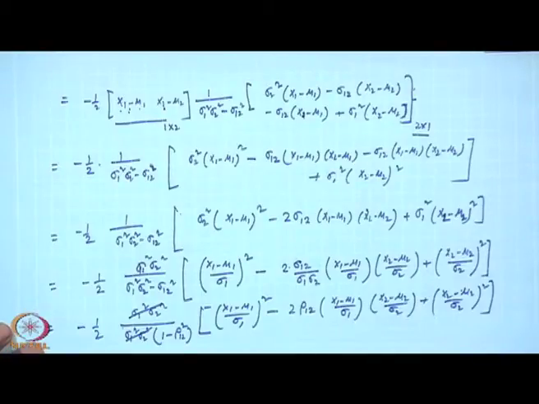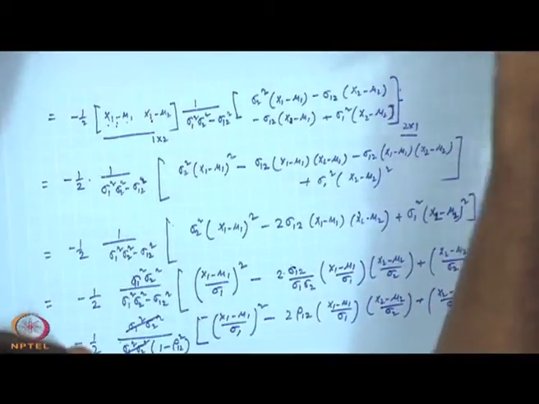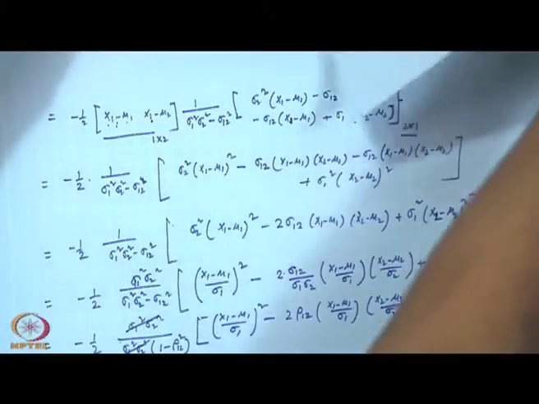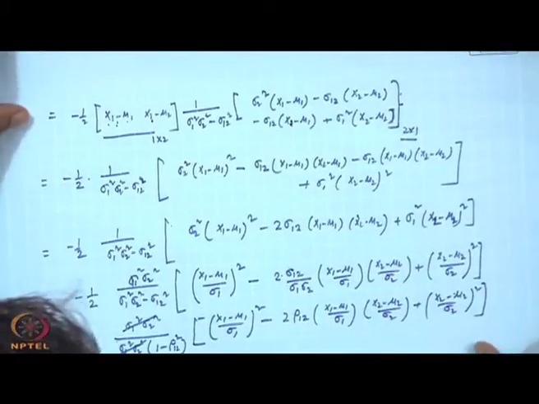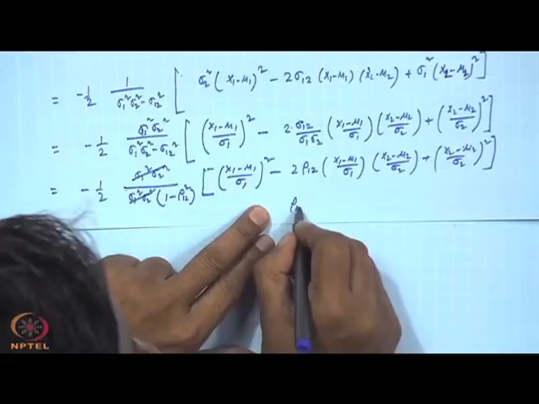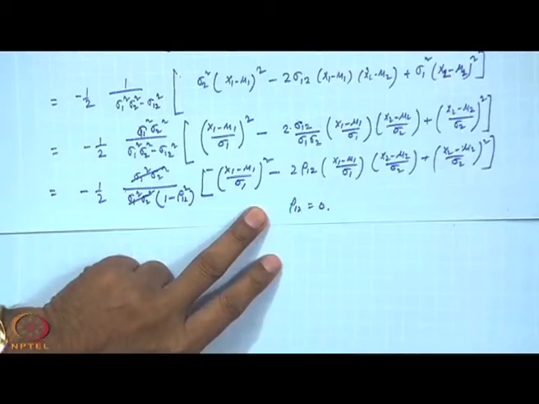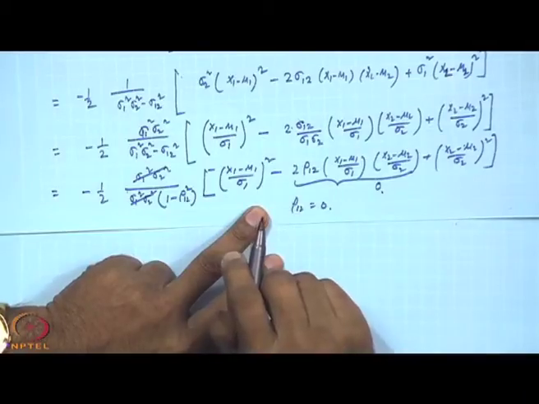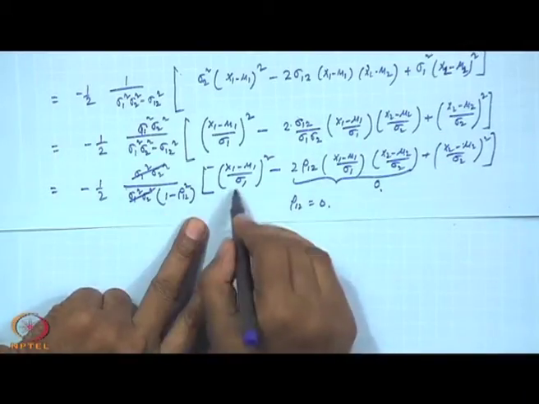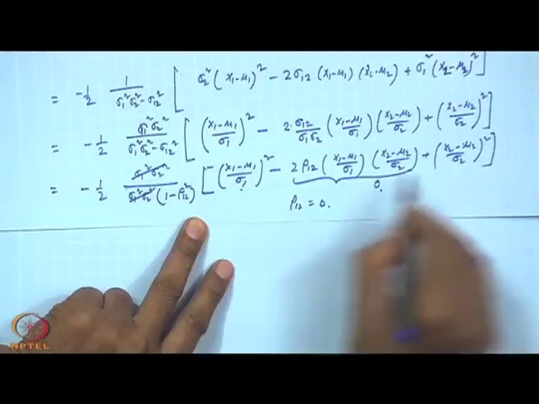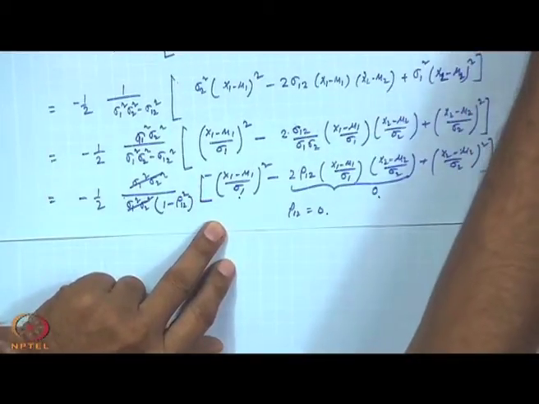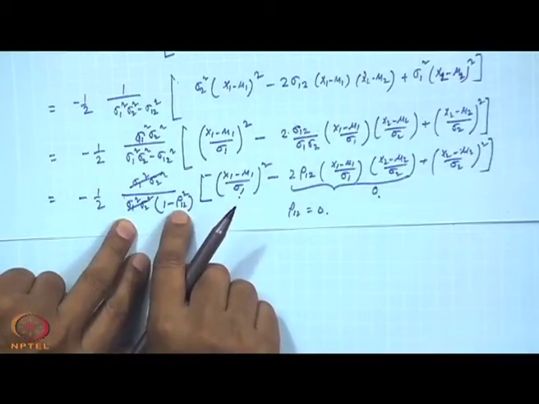Okay. So, if I see this versus the independent case, you will very easily find out now. If I put rho 1 2 equal to 0, this one will become 0. So, then this is x 1 minus mu 1 by sigma 1 square plus x 2 minus mu 2 by sigma 2 square, and here also rho 1 2 will be 0.